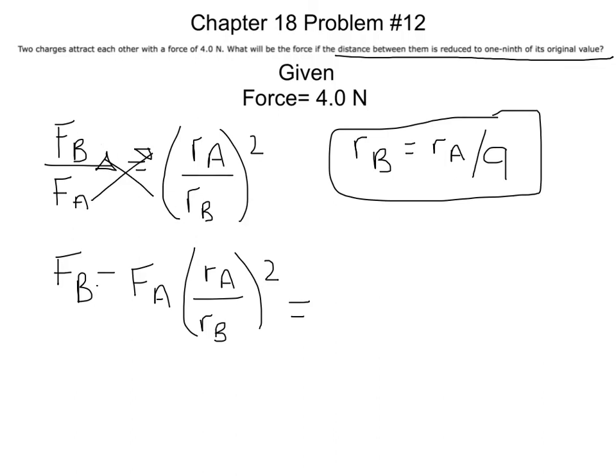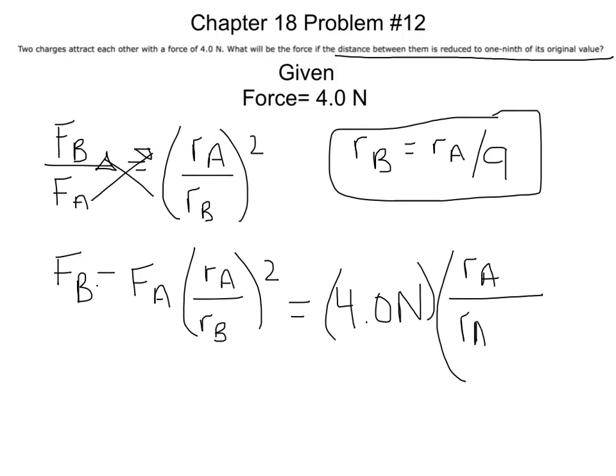So that equals 4 newtons times RA over RA over 9, all squared.